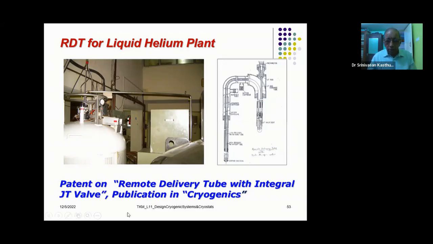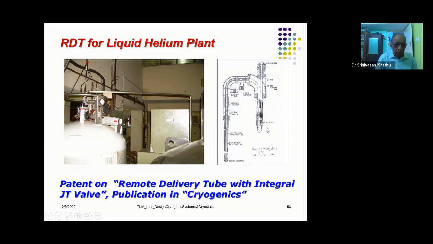We have also made a remote delivery tube with an integral Joule-Thomson valve at the Dewar side, the receiver Dewar side. When you operate this valve, the gas gets expanded, and the JT produces cryogenic fluid, and the fluid is directly connected into the storage vessel.